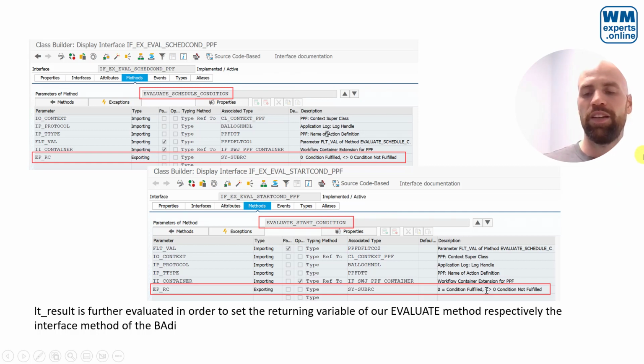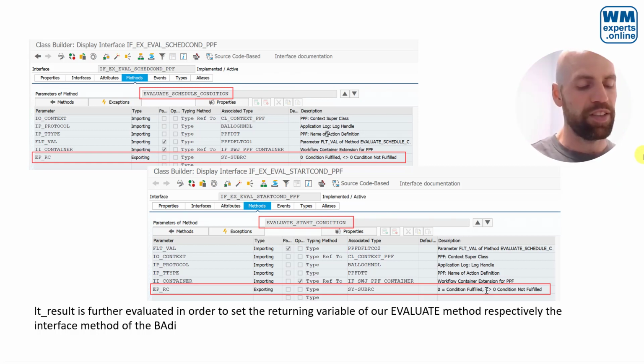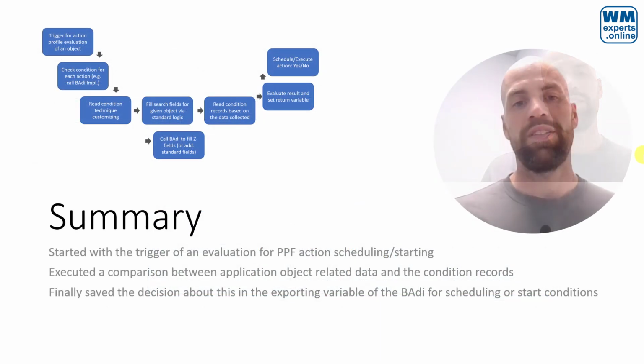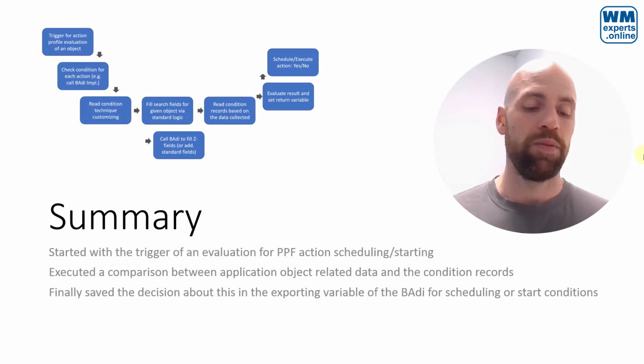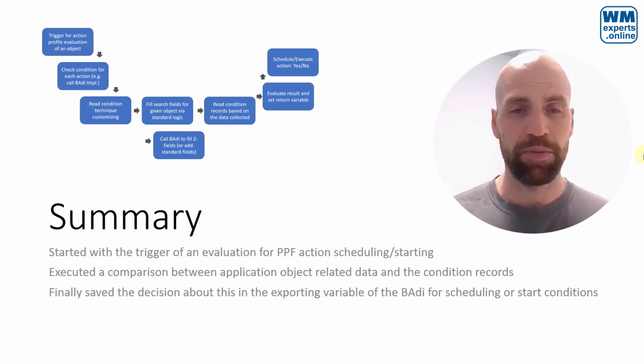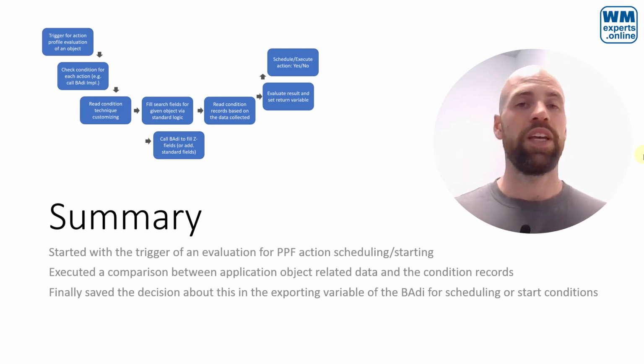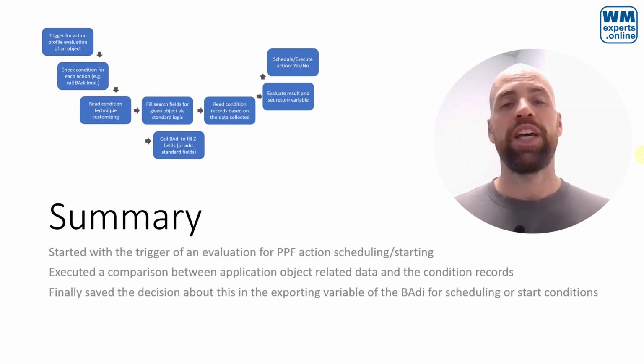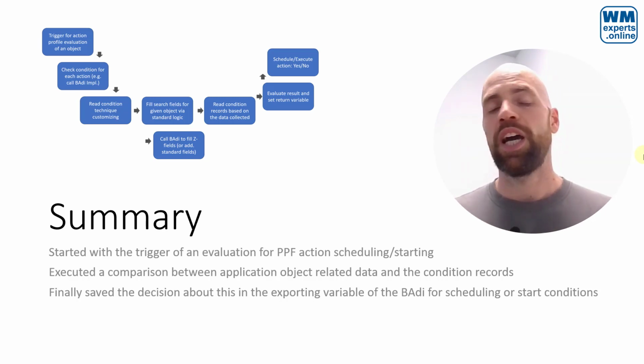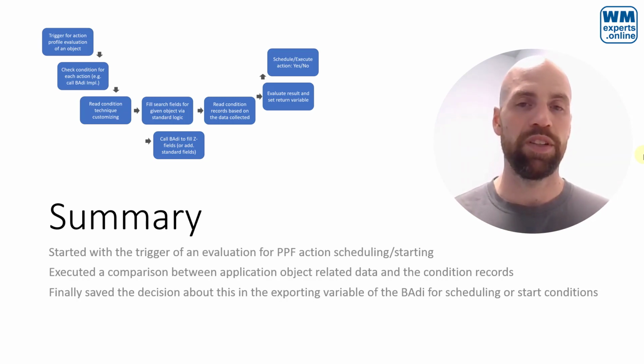And this then is the final signal for the post-processing framework to schedule the action, to attach it to the object or not. So if you go to our example with the delivery that I showed you up front and the PPF action with the goods receipt posting, and we want to say, okay, whenever a delivery with type ABC is created, I want to do the goods receipt posting automatically.